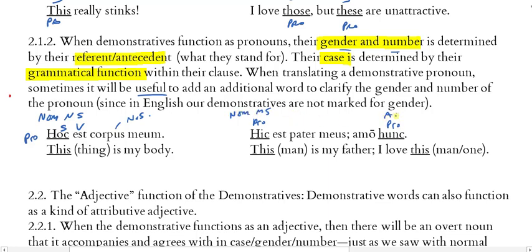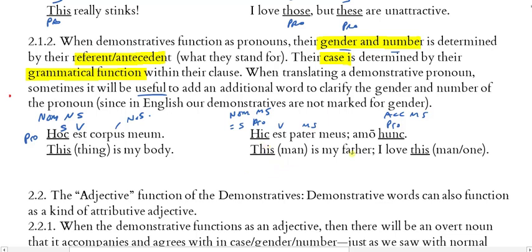It's accusative, masculine singular here. Now, why is it masculine singular, hic? Well, it's because pater is masculine singular, and when I say this is my father, the this to which I'm referring is a masculine singular entity. That determines the gender and number. Why is it nominative? Because this is functioning as the subject of the verb est. Okay, so case is determined by function.